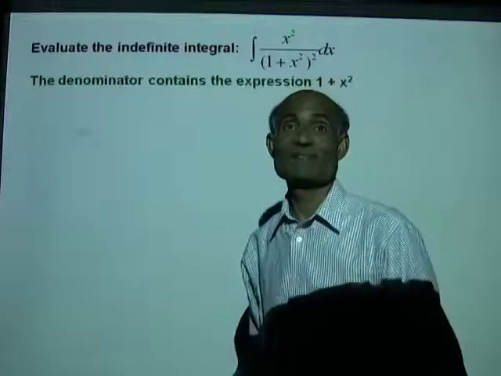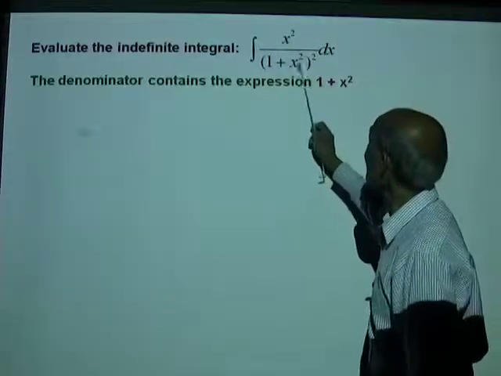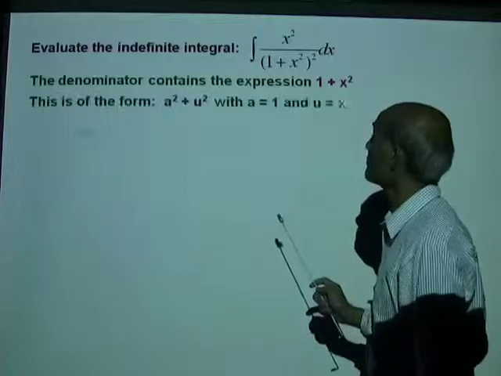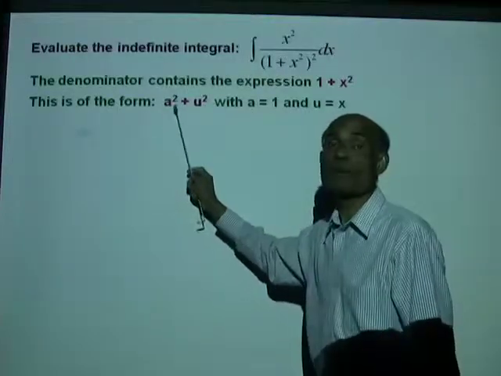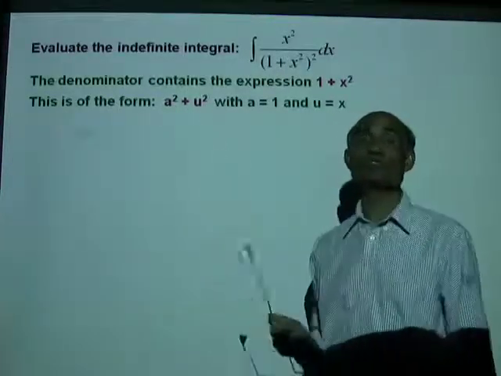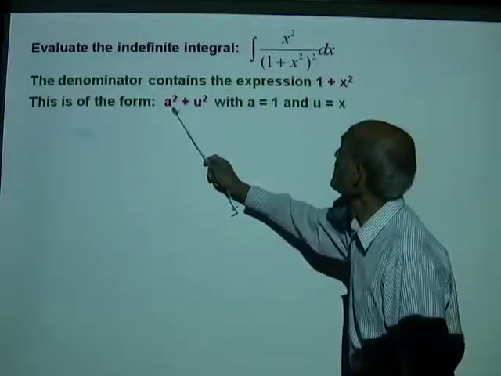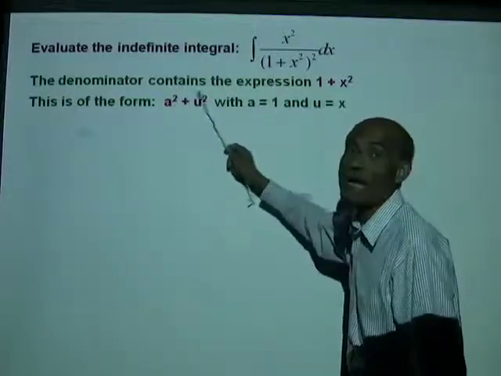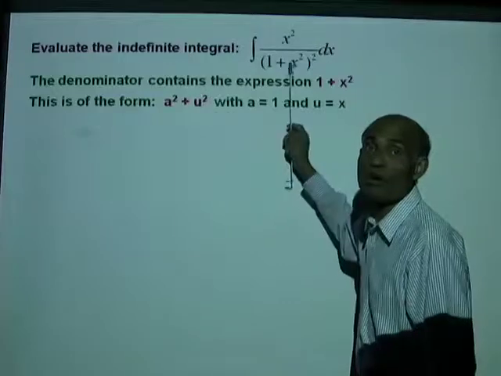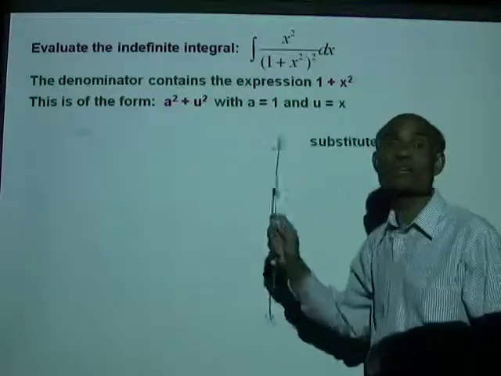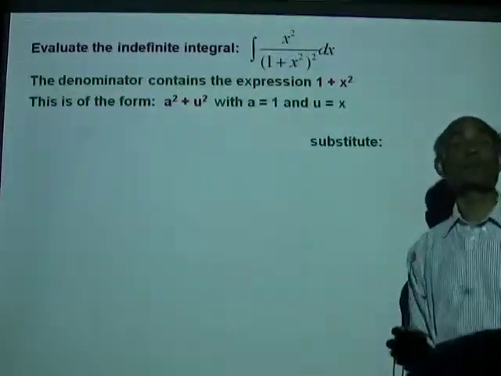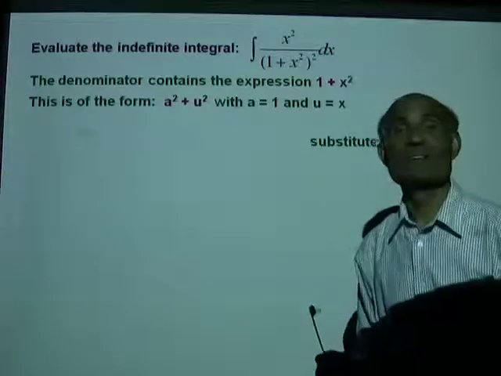That's right. So we have 1 plus x squared inside the parenthesis, which is of the form a squared plus u squared, where a squared is 1 squared, so a equal to 1, and u squared is x squared, u equal to x. And so what is our substitution?